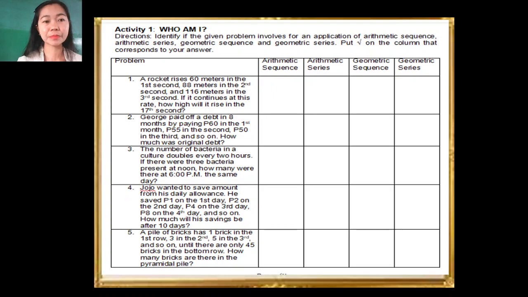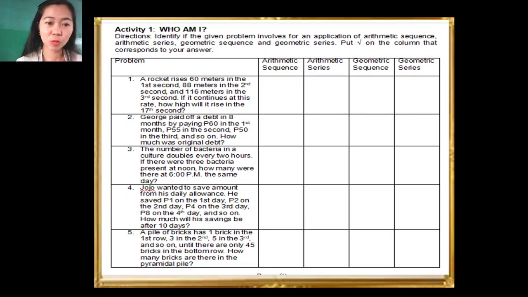Ano ang gagawin? As stated in our directions, you are going to identify if the given problem involves an application of arithmetic sequence, arithmetic series, geometric sequence, or geometric series. So, ang gagawin lang, put a check on the column that corresponds to your answer.